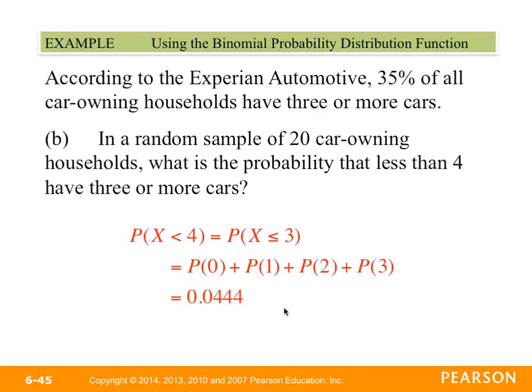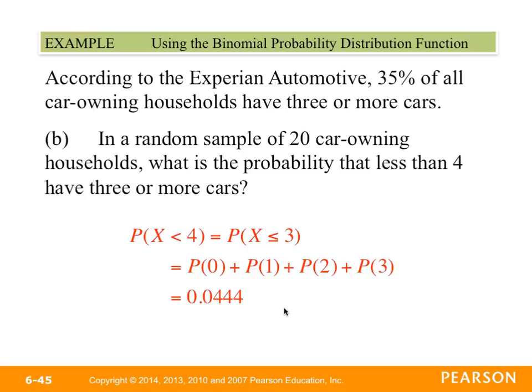So again, we're going to flip to where we have n equals 20, except we're going to be on our cumulative table now. So that's all the way on page A10. So if we go over to n equals 20 and x equals, let's see, what do we want? We want x less than or equal to 3. So we're going to go down to 3. And then we still have that 0.35 as our probability.